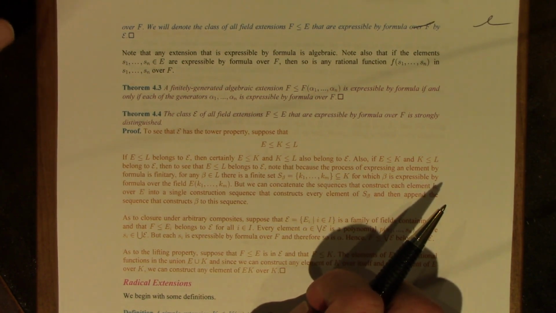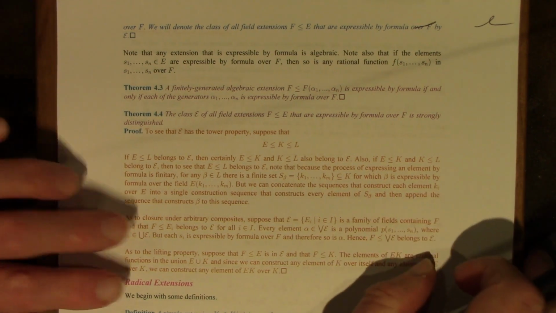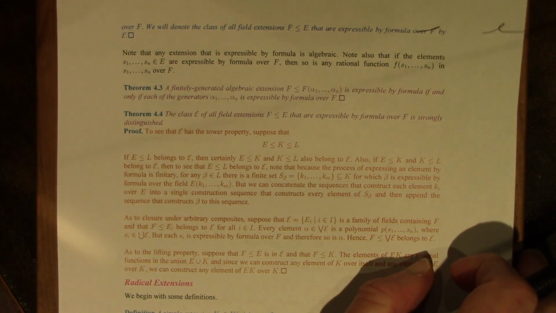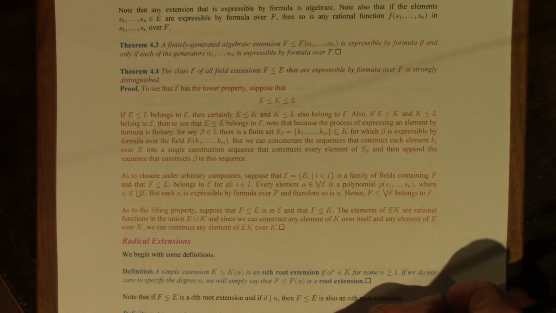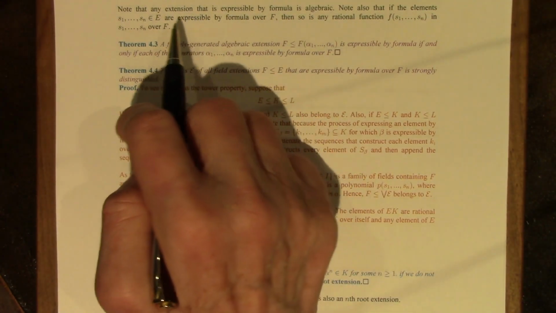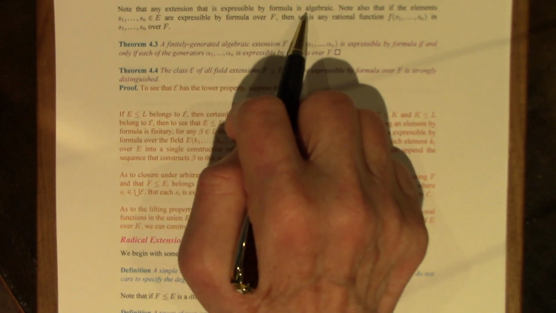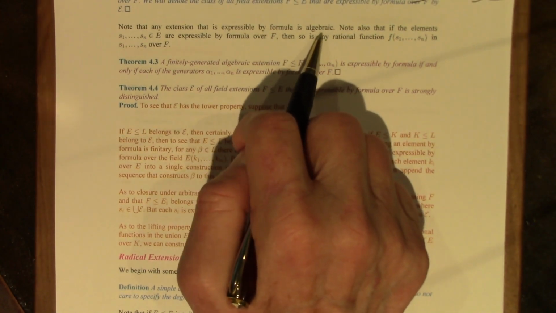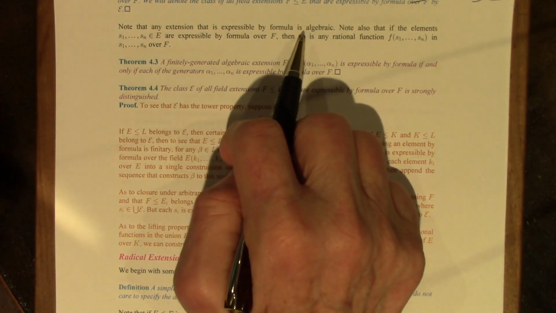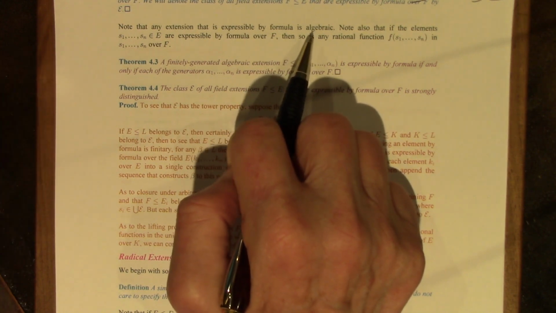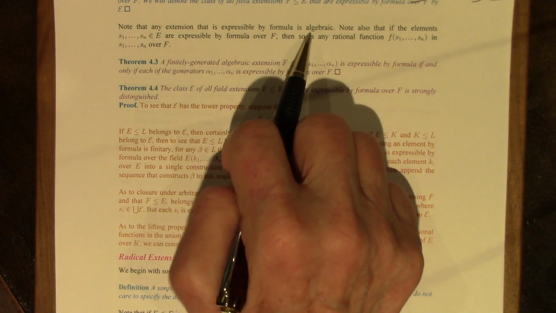Unlike the other extensions like finite extensions and normal extensions that are global, not element-based. Any extension that's expressible by formula is algebraic because each element is constructed with a construction sequence and is algebraic over the base field.